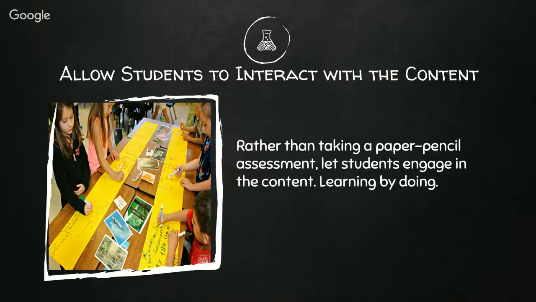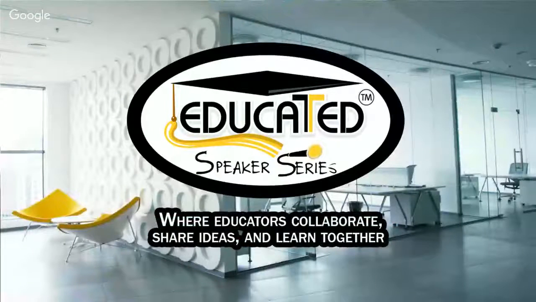There are many opportunities that provide you with the information you need, but also allow students a more real-world application of knowledge. As an adult, we don't get judged on a paper pencil test to determine our level of knowledge. We demonstrate our knowledge based on how well we perform in everyday situations.